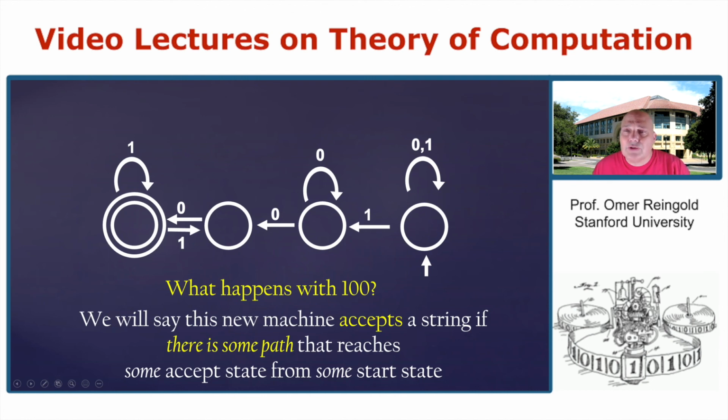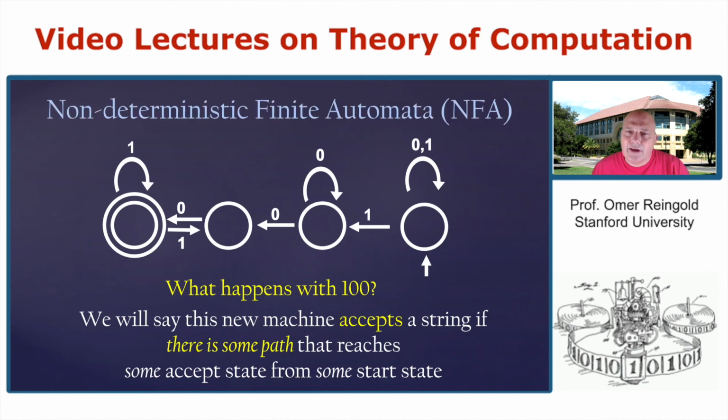But as long as there is one path that is accepting, we say that this new machine, which is not exactly a DFA, accepts. And now we are ready to name this machine. We'll call it a non-deterministic finite automaton, NFA. And we are ready to analyze it. This thing that is a byproduct of trying to prove a particular theorem will turn out to be extremely interesting.